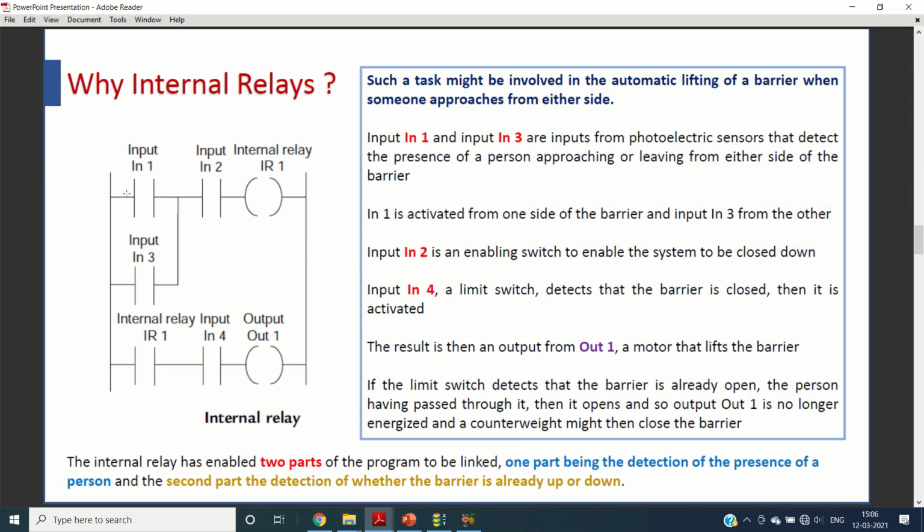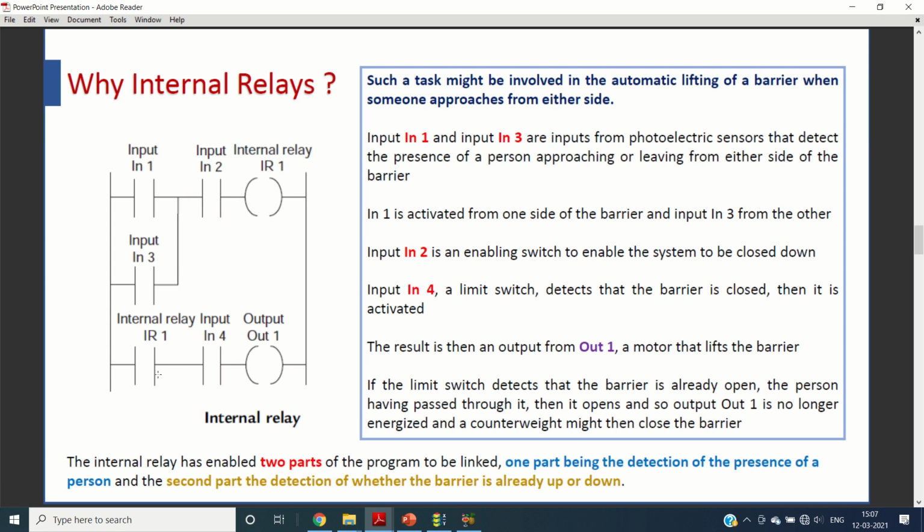You can see here, suppose this switch is on, and under that circumstance this photoelectric sensor has sensed the presence of a human being. So this will be closed. When this switch is closed, your internal relay will be activated. When your internal relay is activated, this NO contact will become closed.